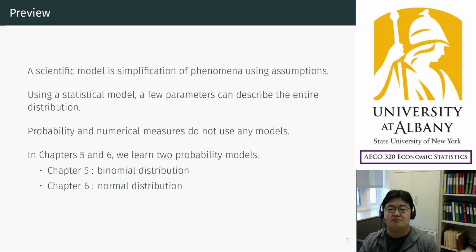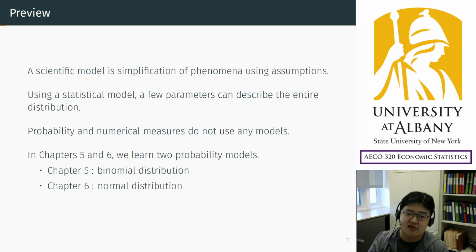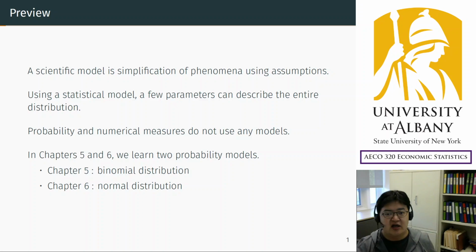Science uses models, and a scientific model can be explained as a simplification of phenomena or observations using assumptions. Like in economics, in physics, in biology, natural sciences, social sciences, they have their models, and the models are a simplification of phenomena, and they provide a framework to understand what you observe, right?